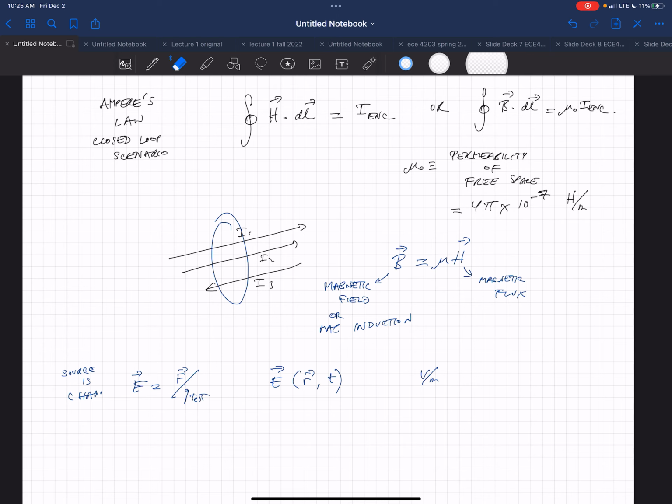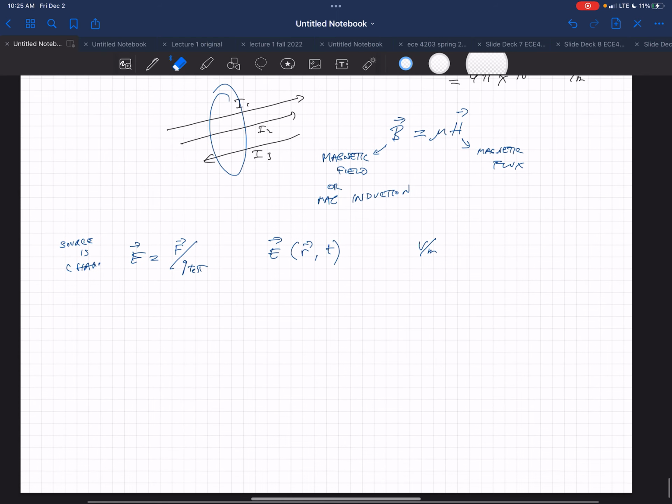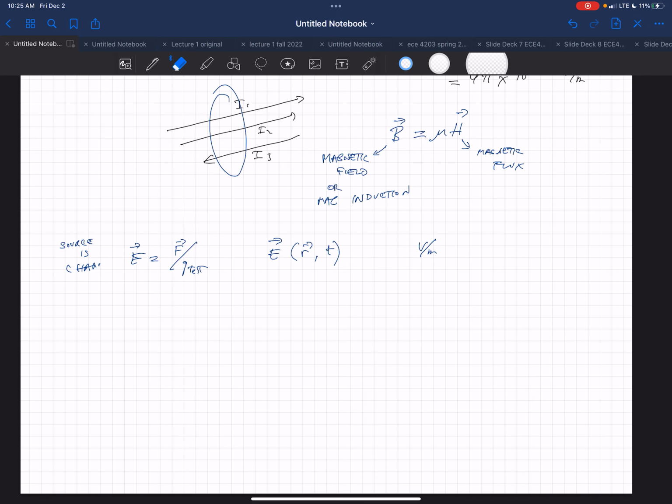All right, so that's the electric field. Its electric field is caused by charge. The magnetic field is B, and it's also a function of position and time. This one, B, is usually the flux density, and this is given in Teslas.